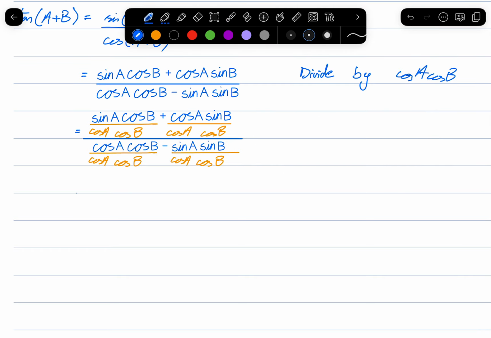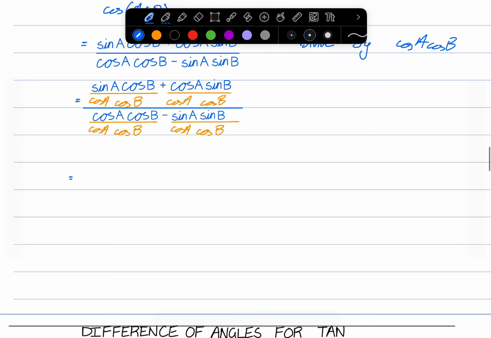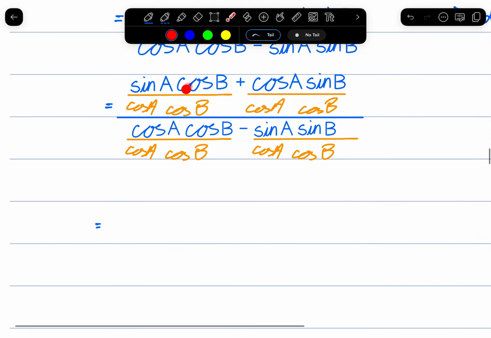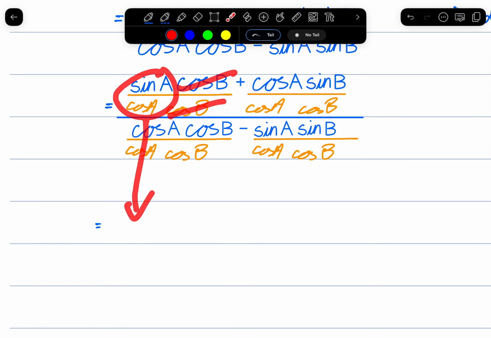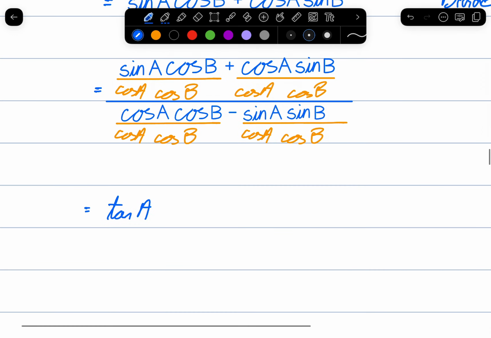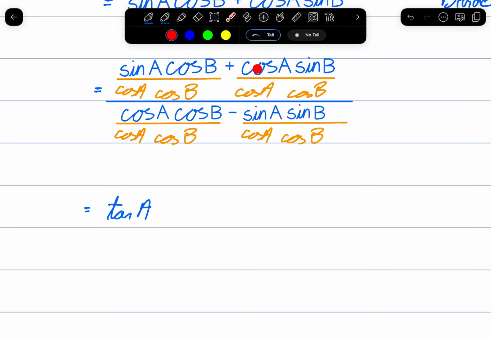But now, because we've multiplied in that manner, sine A, cos B over cos A, cos B, hope you can see that these two cancel, leaving you with sine A over cos A. This becomes tan A. And all of this cancels out. This becomes 1. Likewise, this here, oh, no, sorry, not 1.